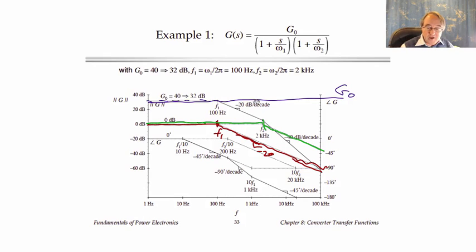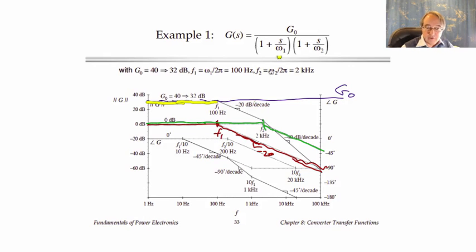So to get the composite, we have to add the blue, the red, and the green lines, and at any one frequency, the composite magnitude will be the sum of the individual magnitudes. So, for example, down here at low frequency, we have 32 dB plus 0 dB plus 0 dB, a total of 32 dB. And we continue like that until we get to the first corner frequency at 100 hertz.